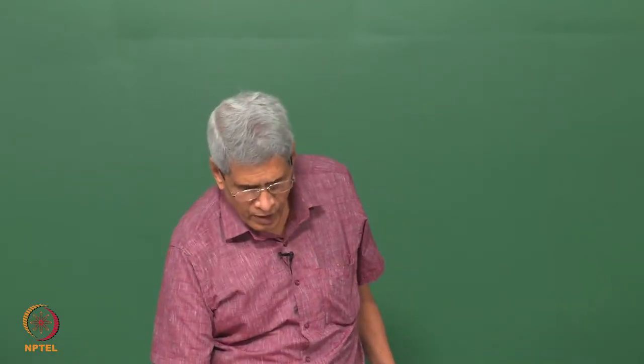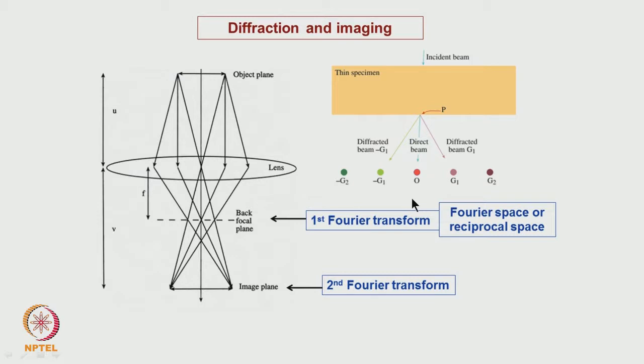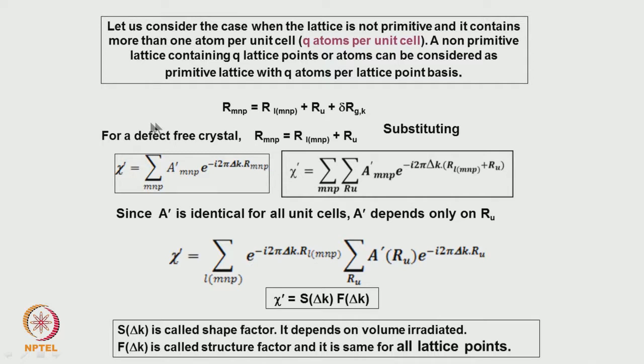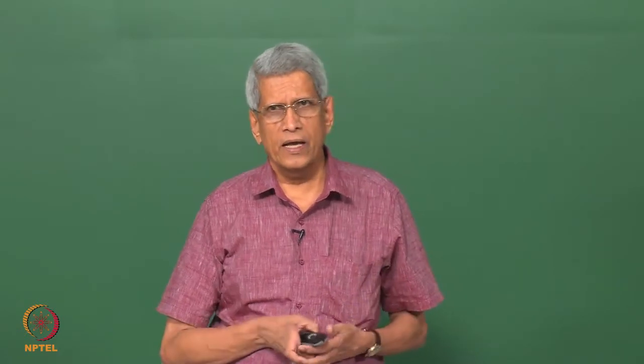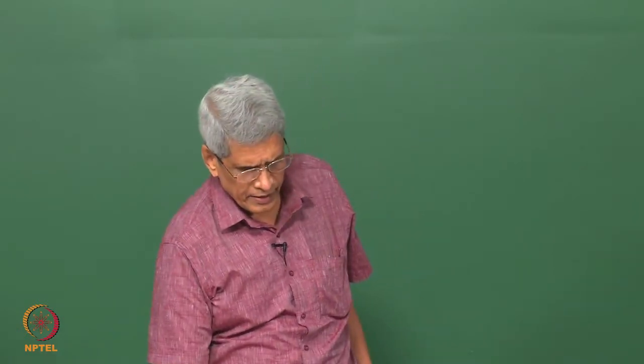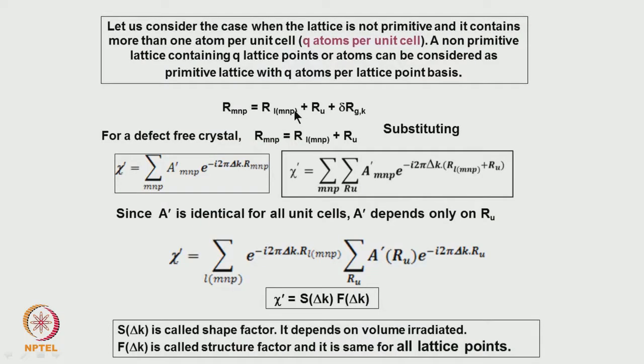What we will do now is go back and extend it further. So, the total amplitude in a particular scattered direction essentially depends upon the intensity scattered in that particular direction from the full volume of the sample which is illuminated by the electron beam, correct.